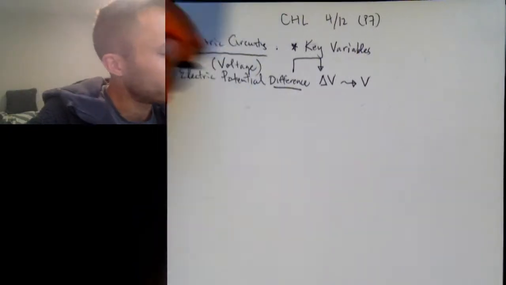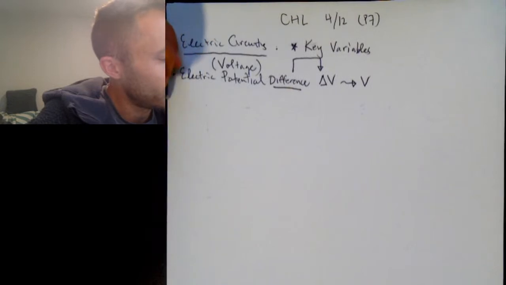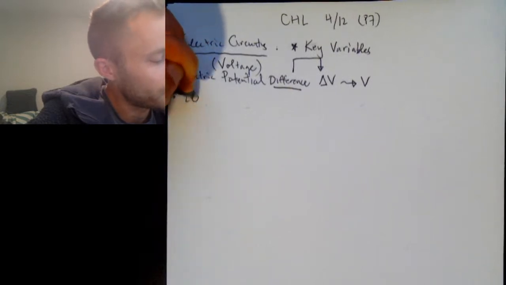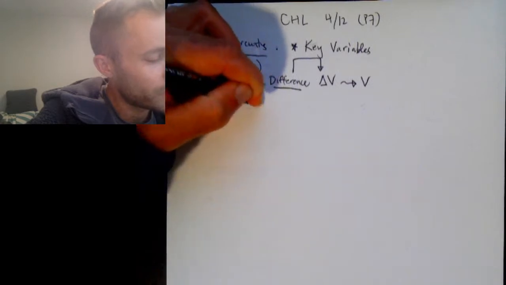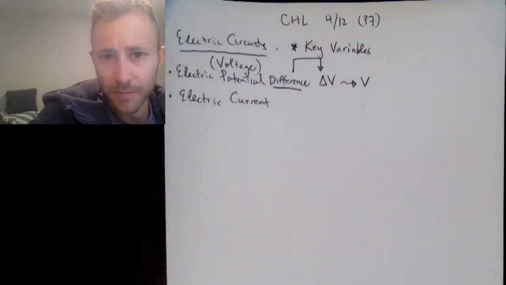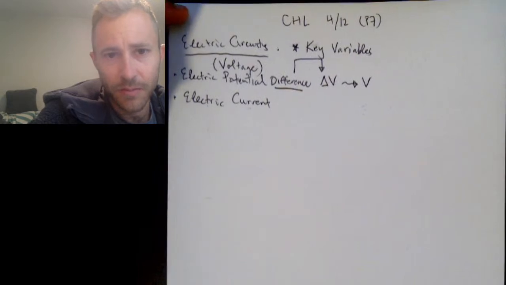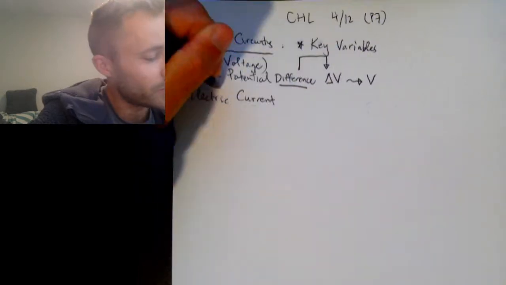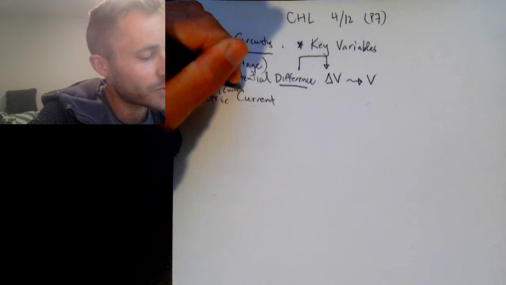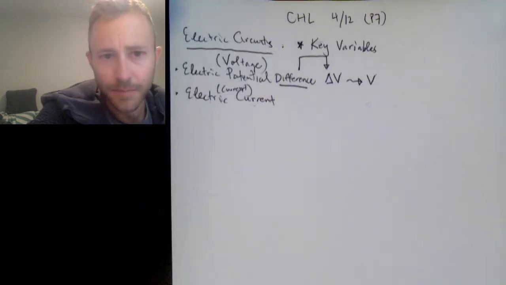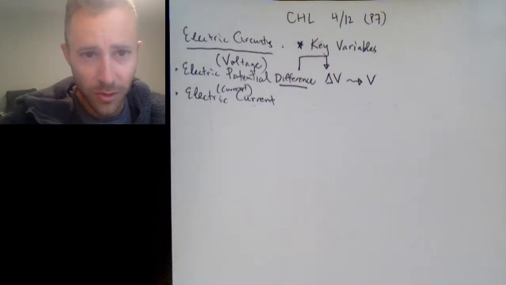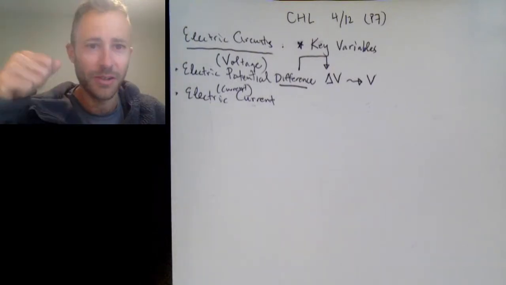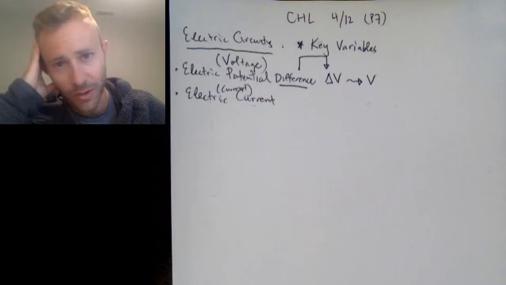The second key variable is electric current, which when we're talking about circuits, I will just call flat out current, and I won't say electric, because there are lots of different types of current. You could have water current, you could have wind, you can have all kinds of different currents.